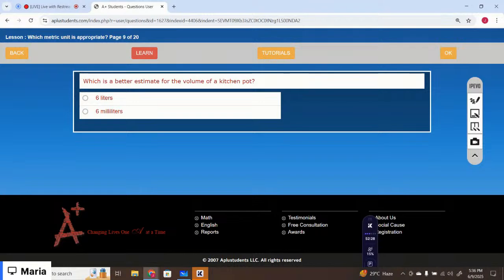Which is the better estimate for the volume of a kitchen pot? That would be 6 liters. Option number one is the correct option.